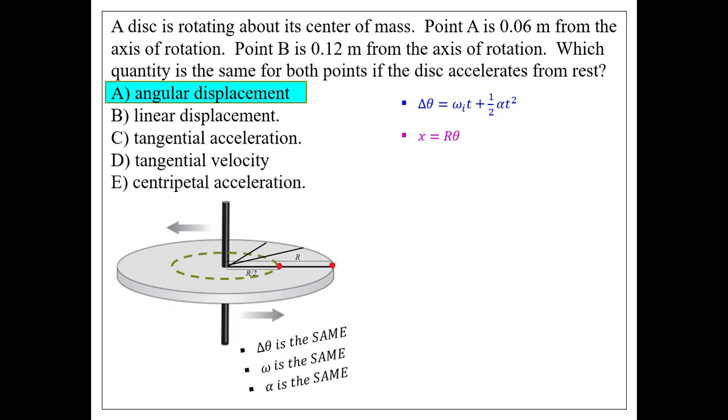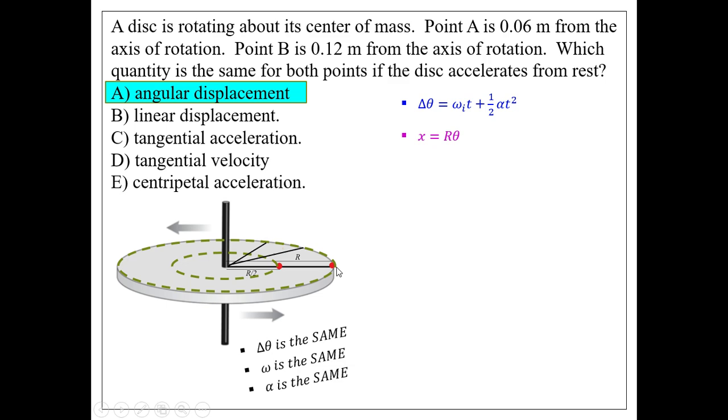Now, if you can just visualize a couple of circumferences, I drew a couple of dashed lines here for you. The point on the inside of this disk at R/2 is going to trace out a smaller circumference, while the point on the outside traces out a bigger circumference. Just using common sense, if you're on the outside, you have to cover more distance, a bigger circumference, in the same amount of time.